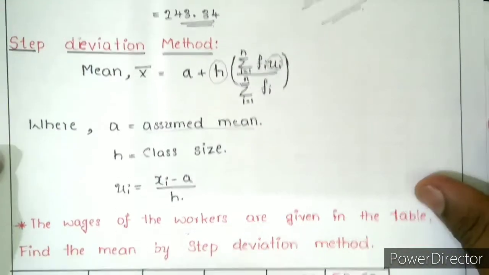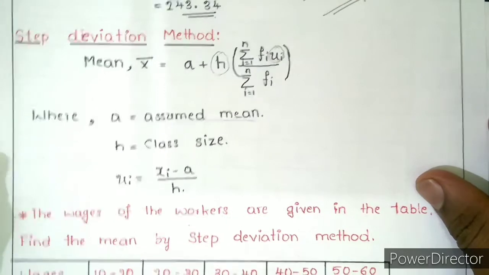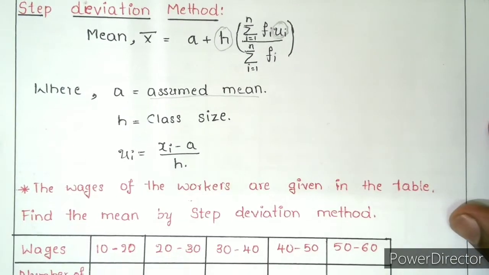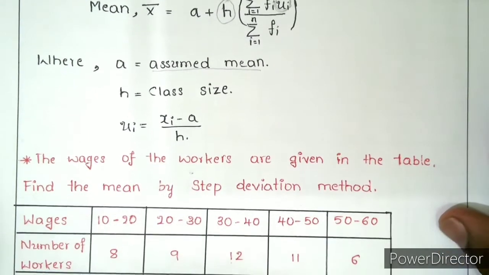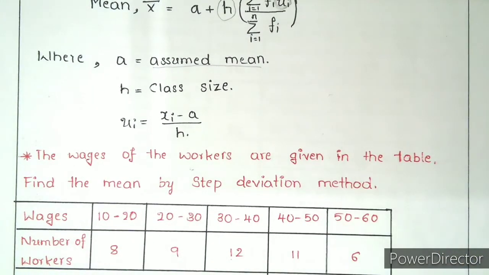The wages of workers are given in the table. Find the mean by the step deviation method. The wages are 10 to 20, 20 to 30, 30 to 40, 40 to 50, 50 to 60.